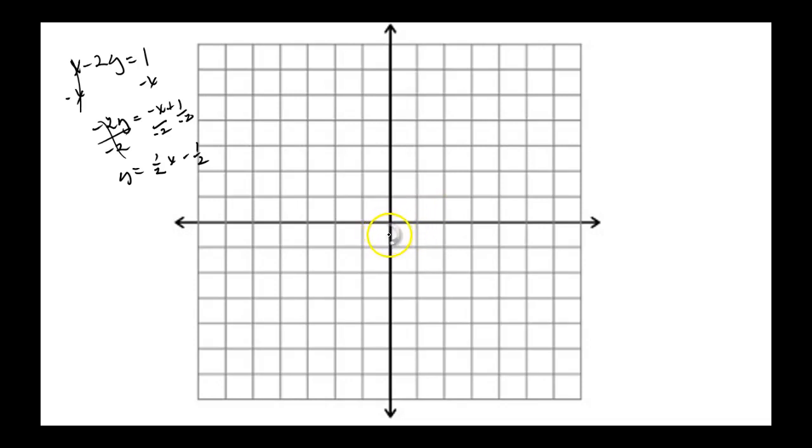Okay, so you go down here. Is that where you're meaning? Yeah. Okay, 1 over 1/2. So you go up 1 for every 2 you go to the right.